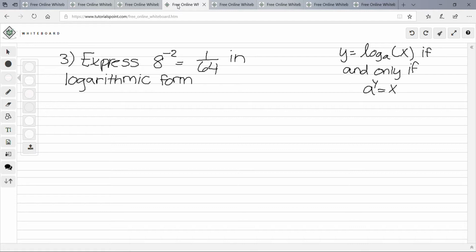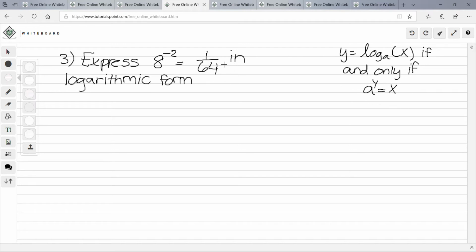So we need to put it in this form because we want it in logarithmic form.